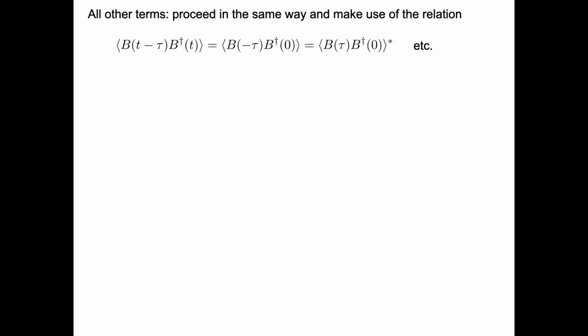That's just stationarity. And if you think about how these time-dependent operators are defined, you see that if you are at minus tau here and change the time, it corresponds to just a complex conjugate of this. So each of the contributions gives you a slightly different result.